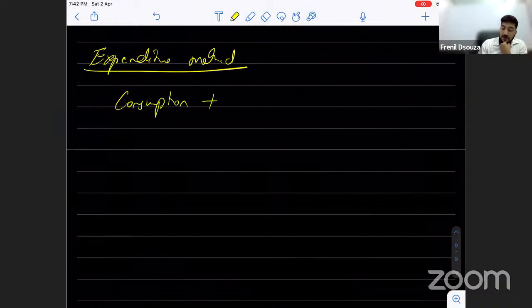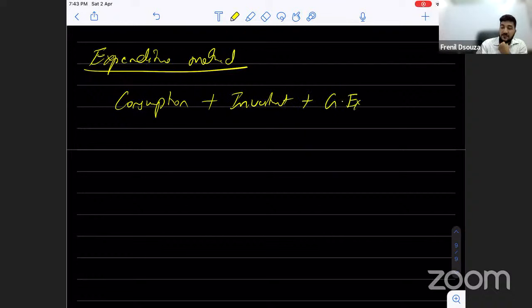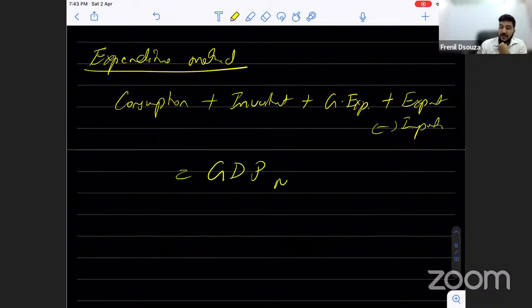I add the investment done by the business firms. Then I add government expenditure, done by the government. And then I add exports, and I minus imports. And this will give me a resultant called GDPMP.